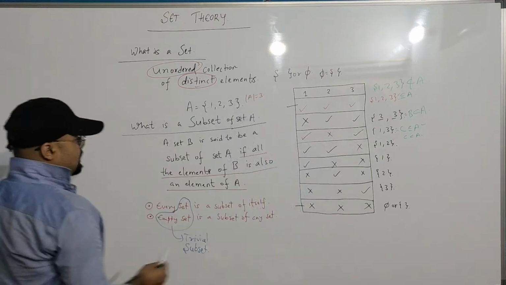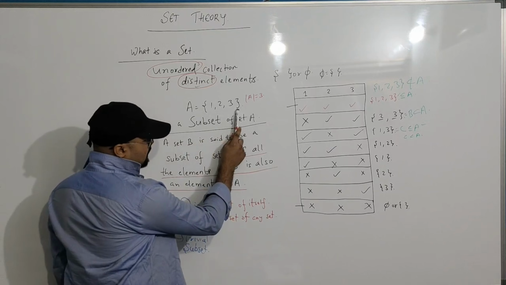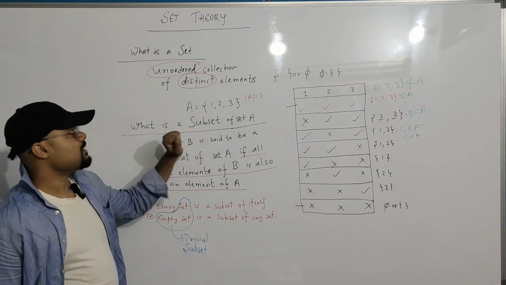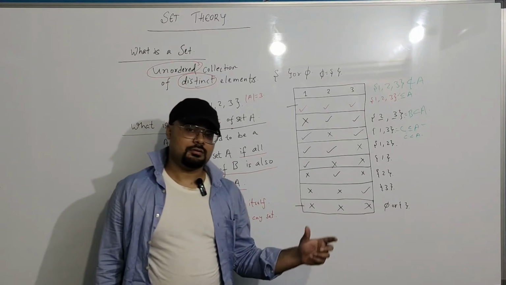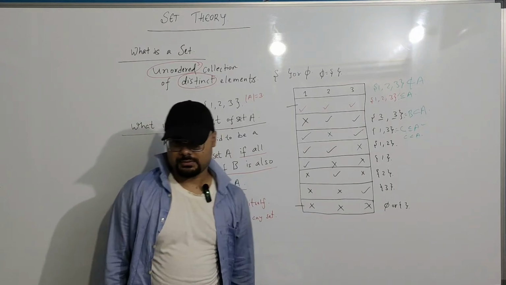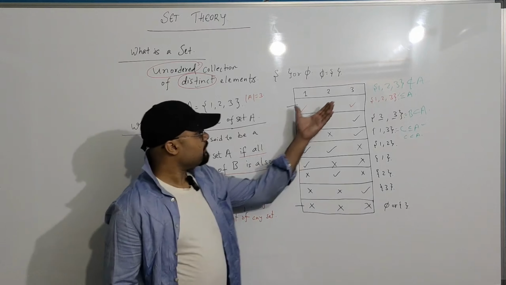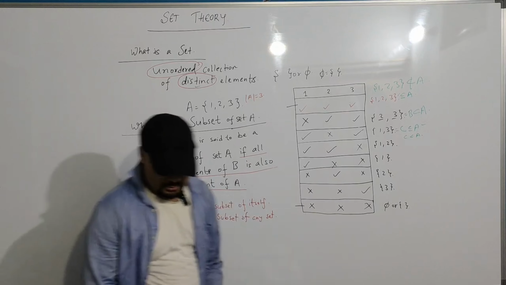Okay. So as you can see, for a given set of length 3, the total number of subsets possible is 8. If the cardinality of the set is n, then what is the total number of subsets possible? It is going to be 2 to the power n, because that is how many combinations are possible.